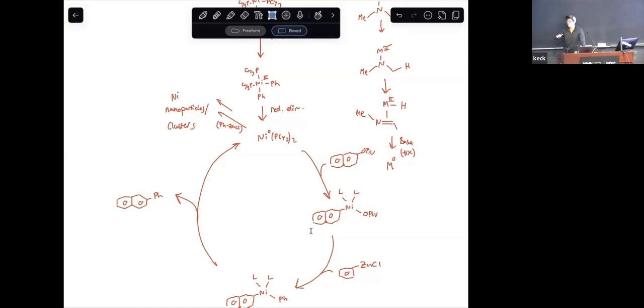And so what that means is that when you're asking a homogeneous catalyst to navigate this potential energy surface, it needs to be able to find and react with substrate. So it needs to have a sufficient amount of potential energy, but that potential energy also gives it the opportunity to react with itself, form aggregates and get off cycle.